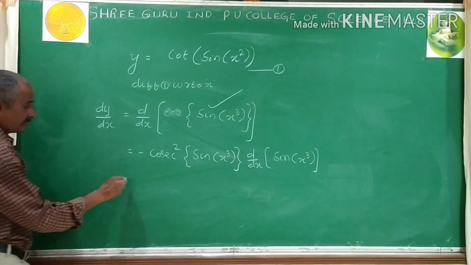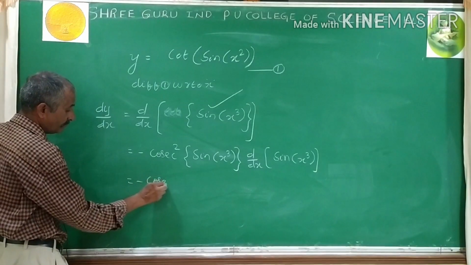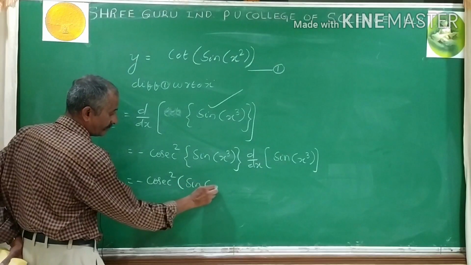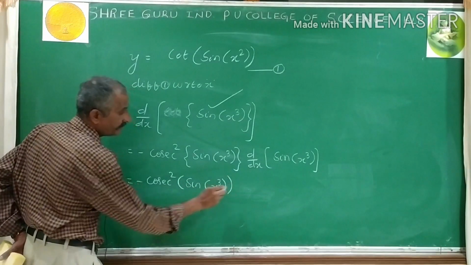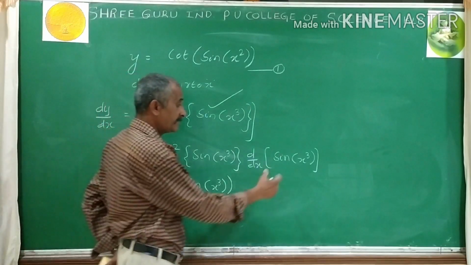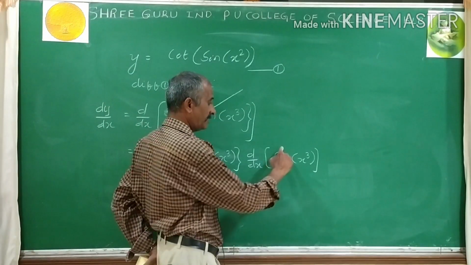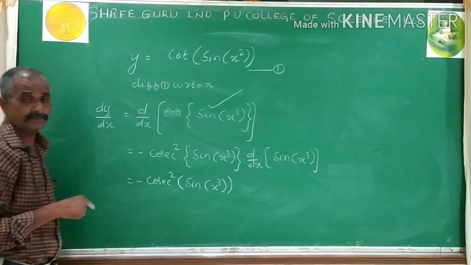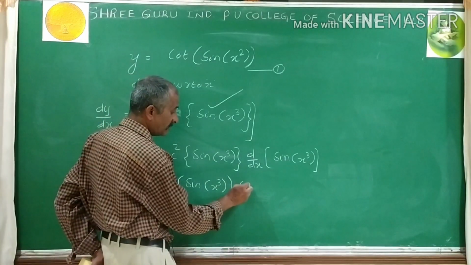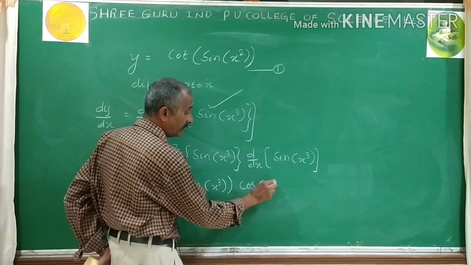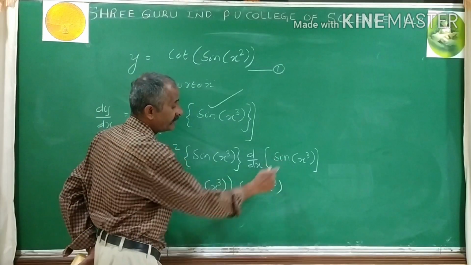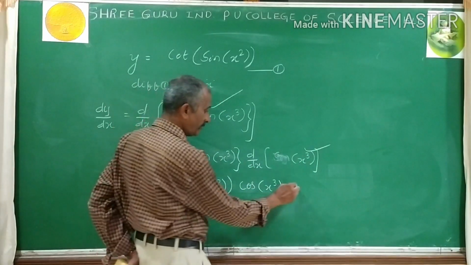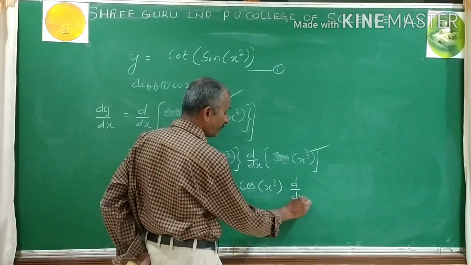That is equal to minus of cosec square sin x cube, multiplied by, in this bracket the first occurring function is sin, it is just like sin x. So now the derivative of sin x is cos x. Here it is cos of x cube. Not enough, only the sin function differentiation is over, lastly multiplied by the differentiation of x cube, that is dy dx of x cube.